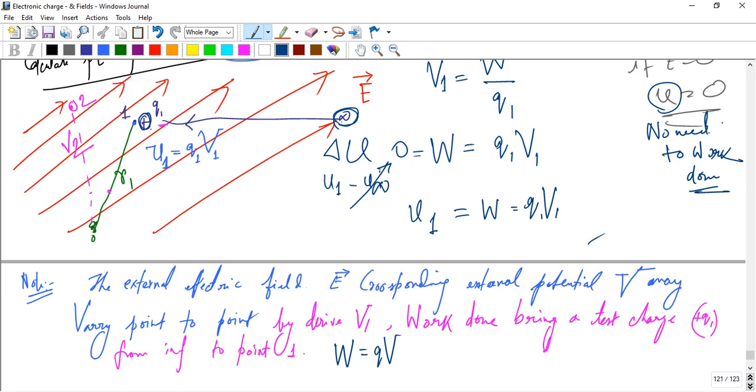Now we discuss another important, similar concept: the potential energy of a system of two charges in an external field.